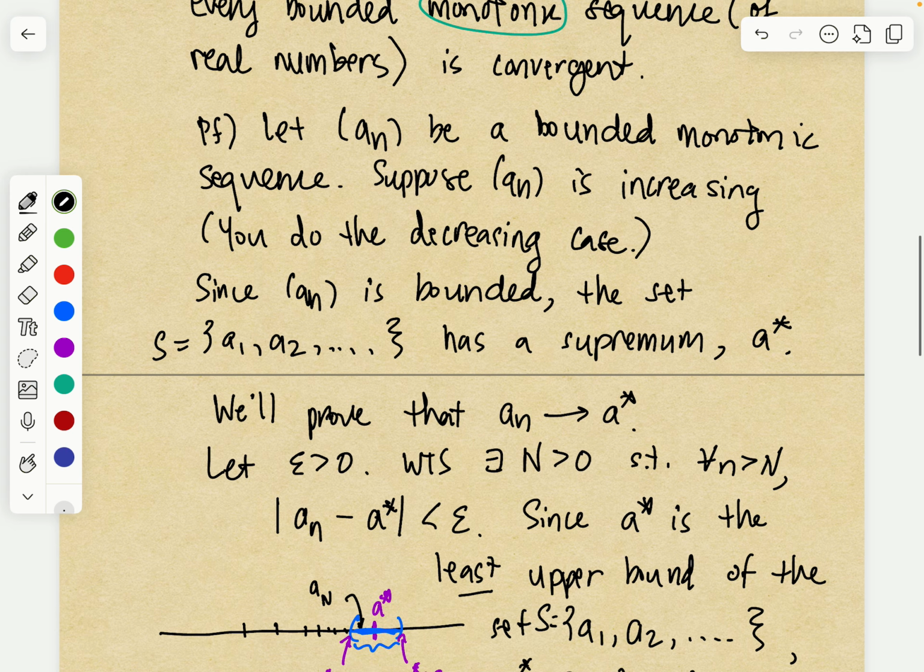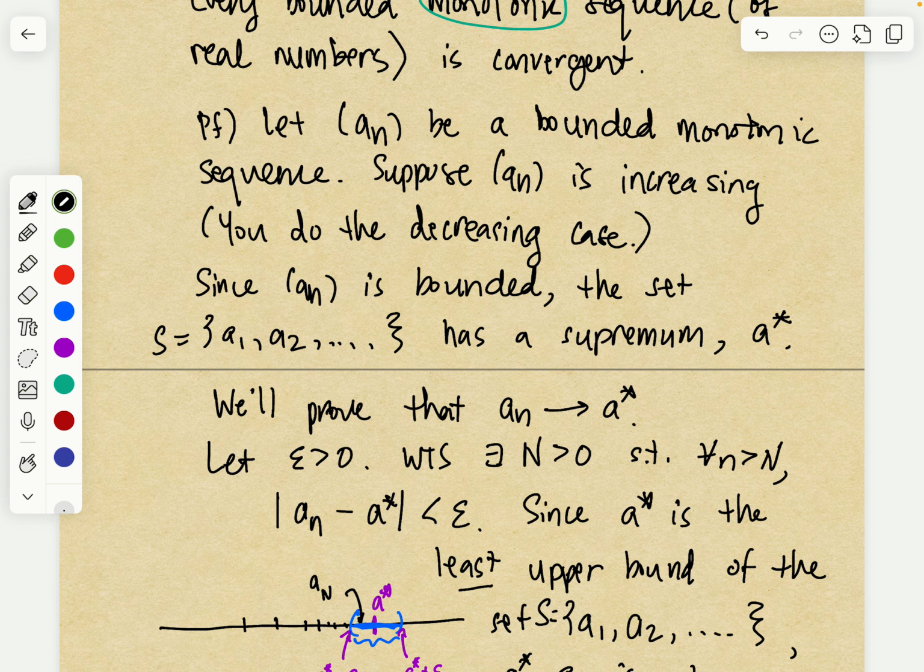Actually, like I said before, we only proved this in the case when the sequence is increasing, and think about what you can do to an increasing sequence to get a decreasing sequence. For the second part of the proof, you start with a decreasing sequence, so you really want to think about what you can do to the decreasing sequence to get an increasing sequence. And these are real numbers, right? So think about that and see if you can finish the proof.